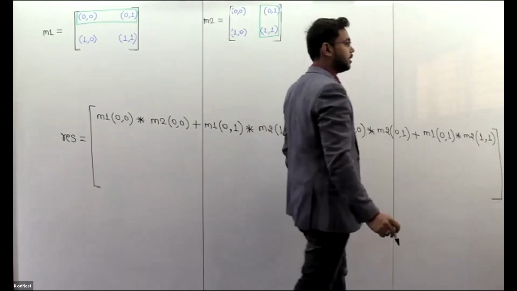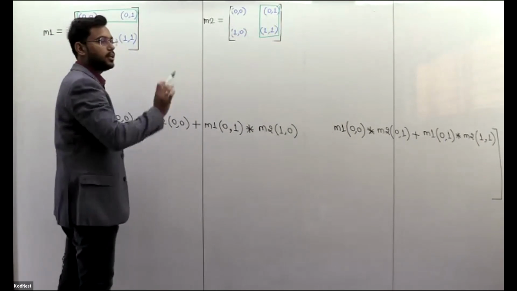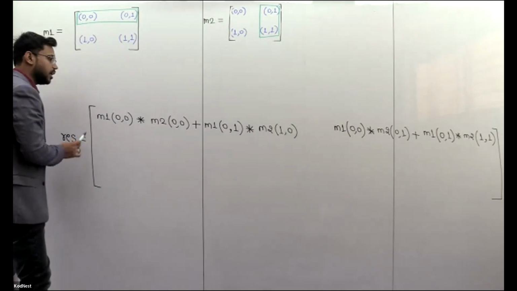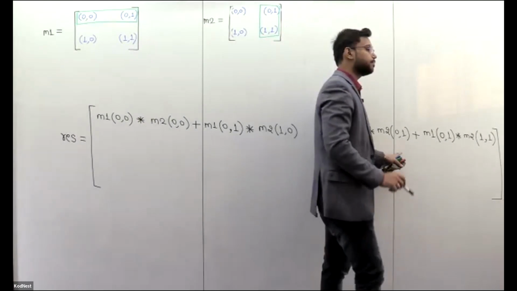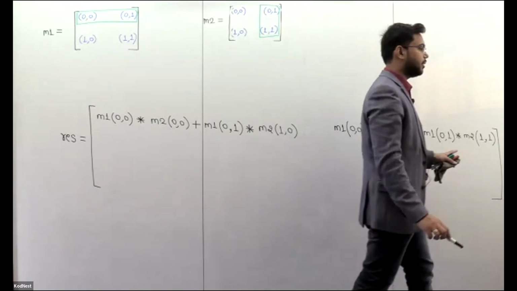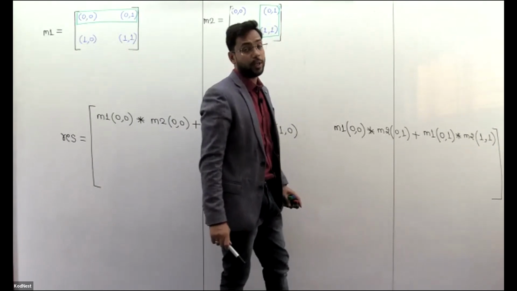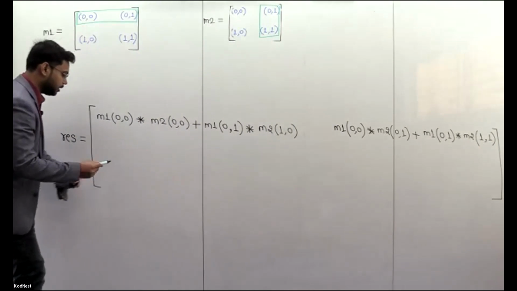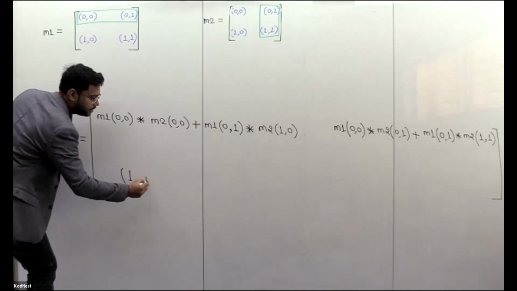This should be the formula for finding the 0, 1 element of your result matrix. All of you have got the same formula? Check. All of you have got the same? Super, very good. Now coming to the next element, this element is your 1, 0.